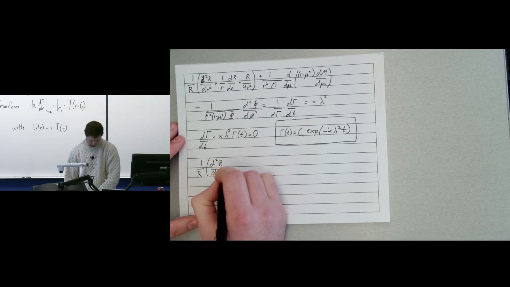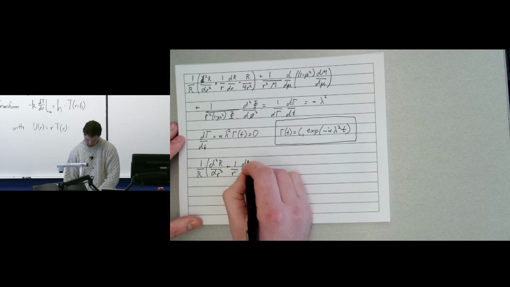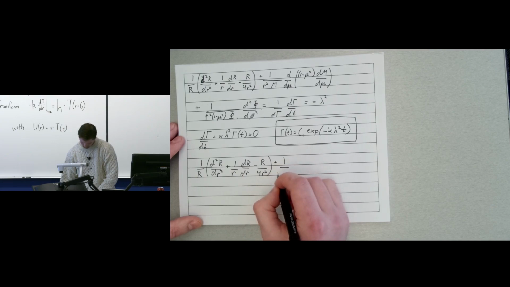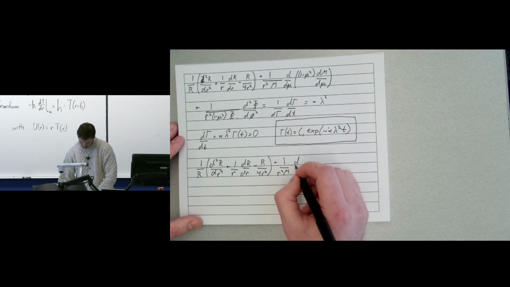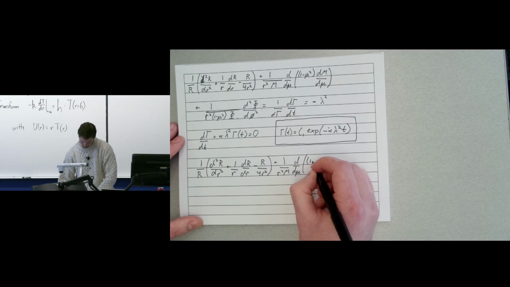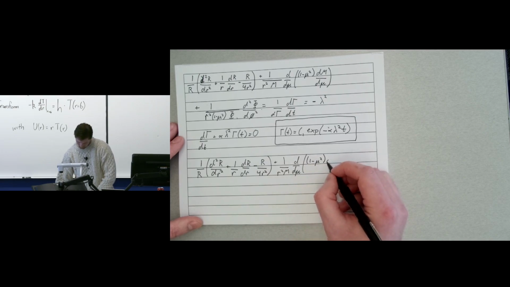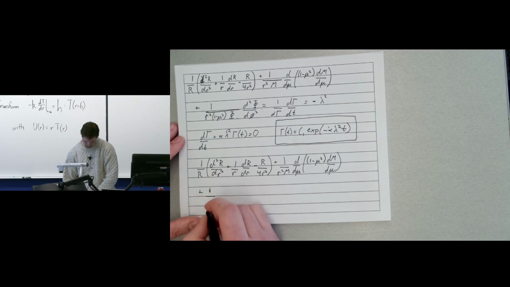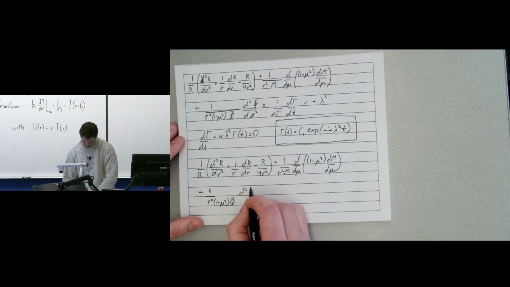So we've already written it a couple times now. dr minus cap r over 4r squared plus 1 over r squared cap m, derivative with respect to mu of 1 minus mu squared dm d mu plus 1 over r squared 1 minus mu squared cap phi, second derivative of phi plus lambda squared equals 0.